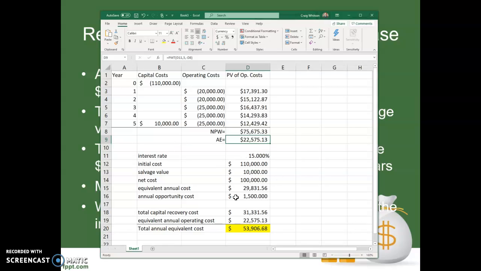For the capital cost, which is the cost of owning it, we need to look at what we pay for it, what we sell it for, and determine the net cost. Spread that out over 5 years using a payment function. And then we also need to look at the money we could have made each year if we had decided to sell it and invest it at the 15%.